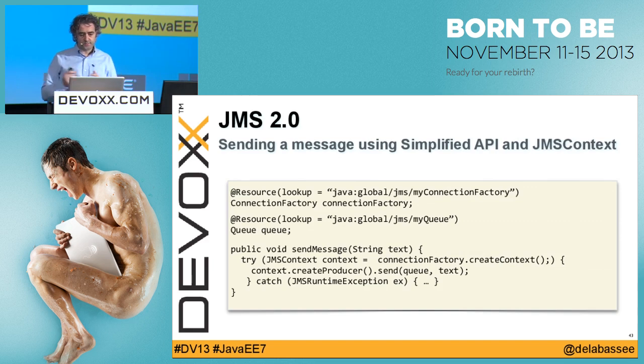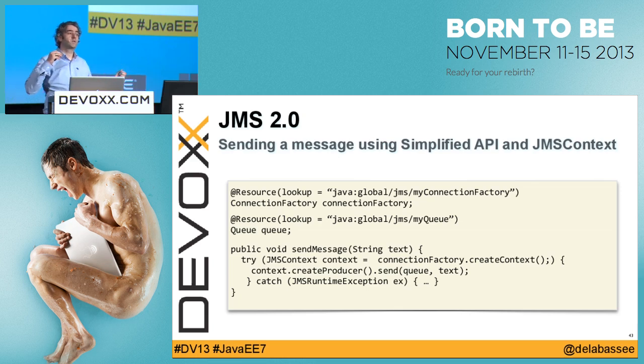So this is how it works in JMS 2, to send, again, the same string message. I told you we have three objects: JMS context, JMS producer, and JMS consumer. The one you really need to keep in mind is JMS context. It combines the functionality of two JMS 1.1 objects, a connection and a session.